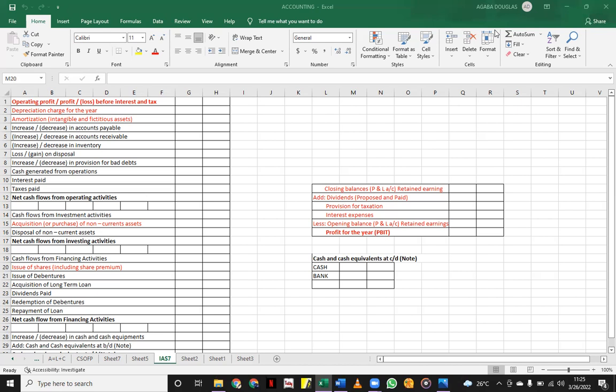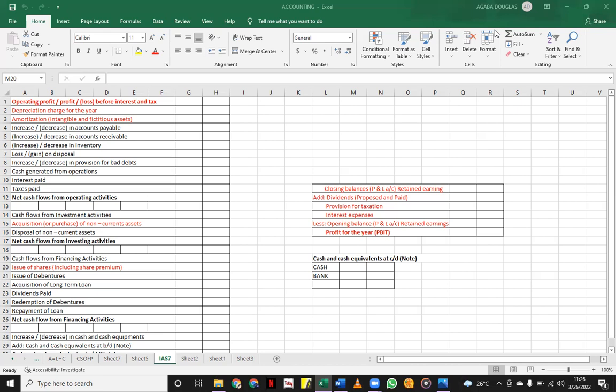The other section that is under operating activities is to do with the working capital. And when it comes to working capital, it is going to be either payables, receivables, and inventory. So they are simply telling us that if there is an increment in accounts payable, then that means we need to make adjustments. What does it mean?